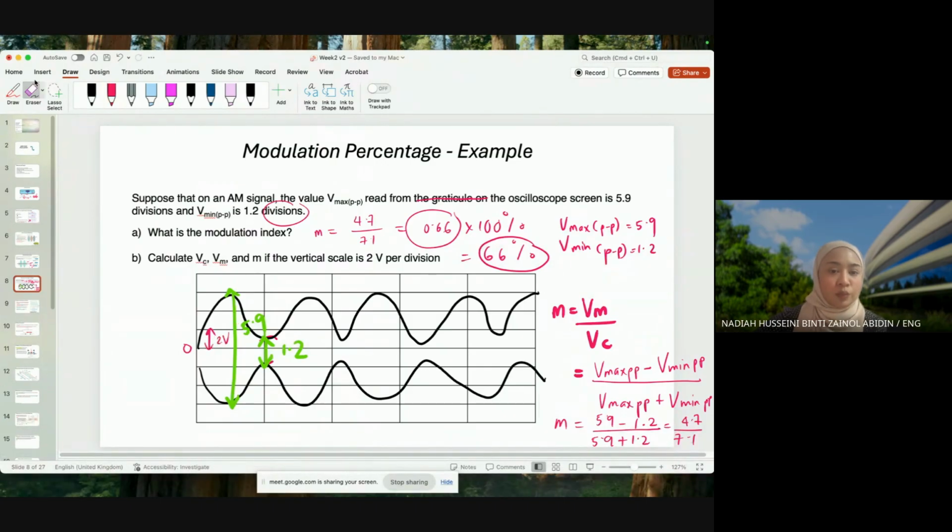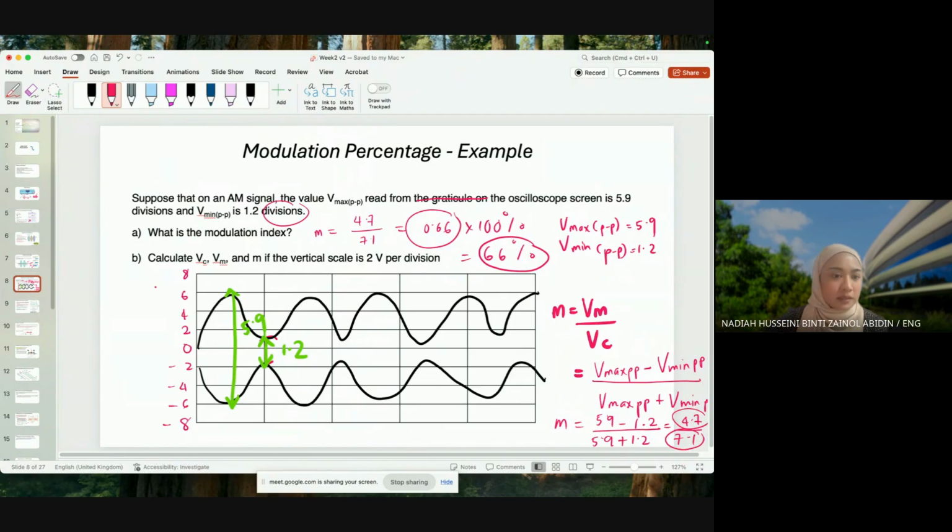If I were to label this, it's going to be 2, 4, 6, 8, minus 2, minus 4, minus 6, minus 8. Do I have to calculate 5.9 times 2 volts and then do this calculation all over again? No, I don't really have to because I already have this and this.